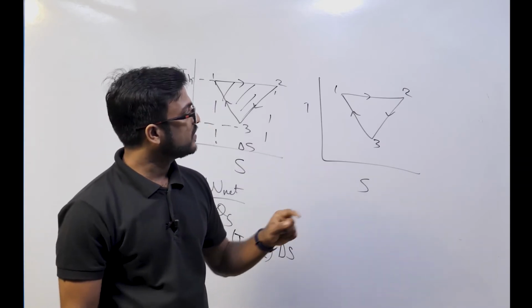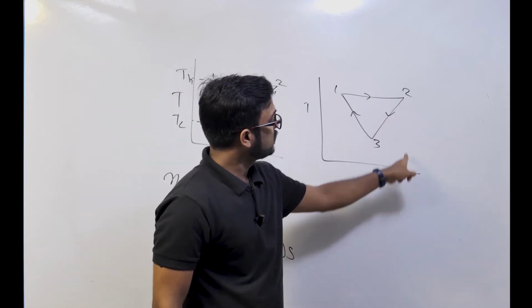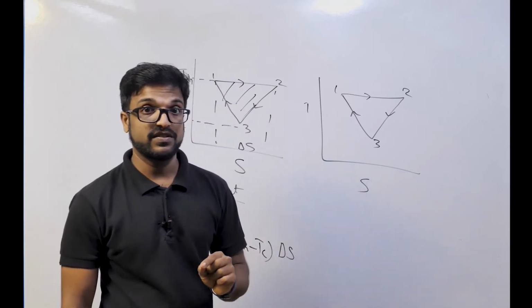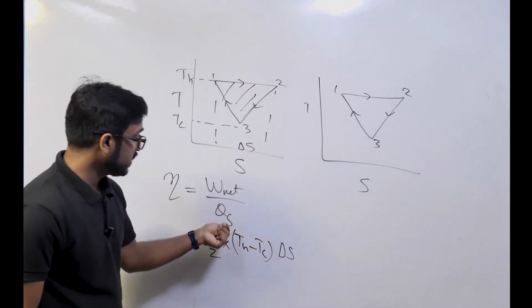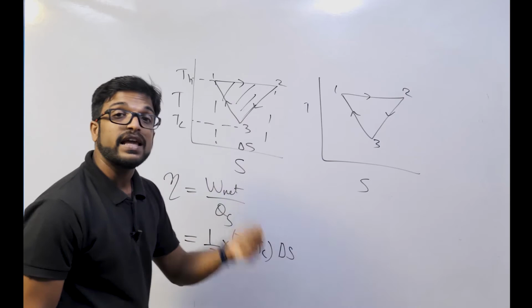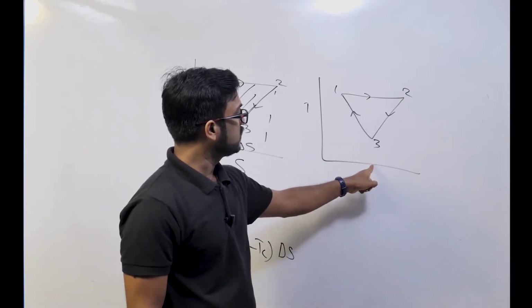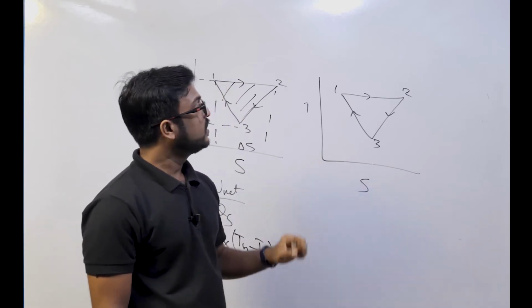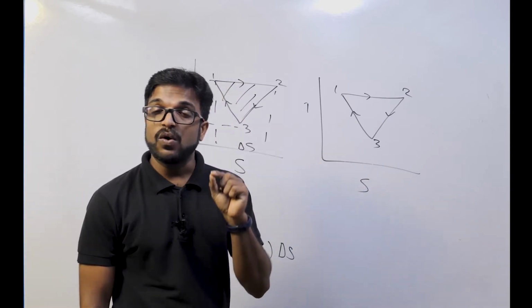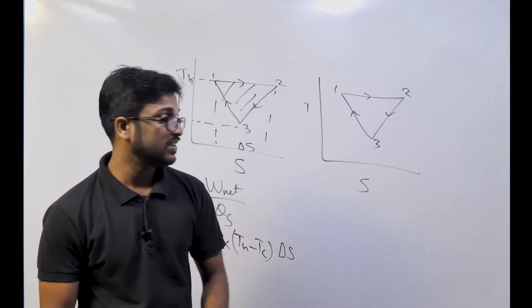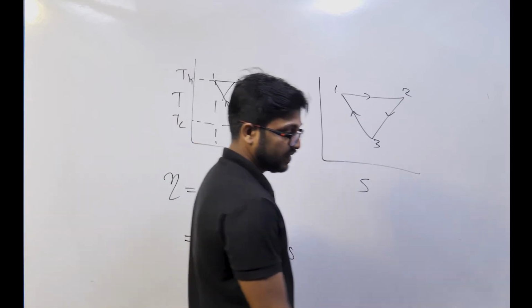Initially its entropy is this much, and the final entropy is less, so it is decreasing. So that is heat rejection. You don't have to worry about heat rejection, right? For finding the efficiency, we need heat supply on the denominator. Again, in 3 to 1, entropy is decreasing. So heat supply is happening in only one process, that is 1 to 2, because in that process only entropy is increasing.